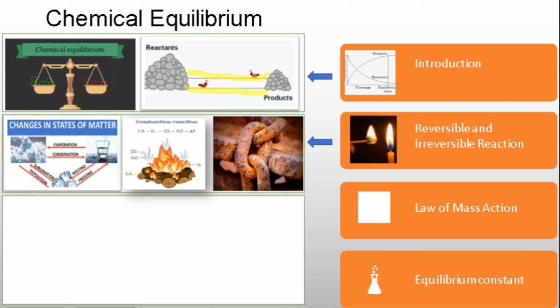Irreversible reactions are those in which reactant is converted into product and the reactant is not formed again, like a combustion reaction. When wood is burned, it is converted into heat and carbon dioxide. Another example is the rusting of iron.